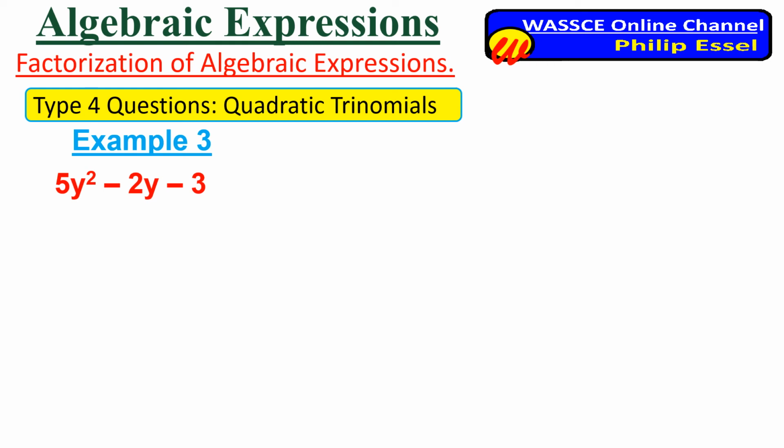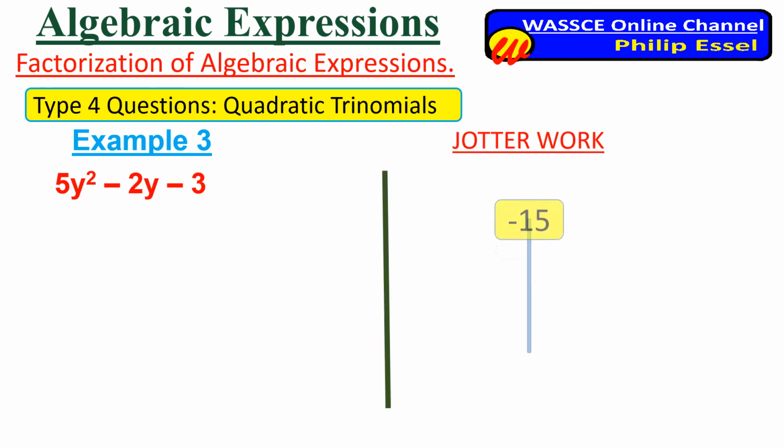And to be able to do this, the first thing we need to do is to multiply the coefficient of the y squared by the constant. The constant here is -3. So -3 multiplied by the 5 would give us -15.